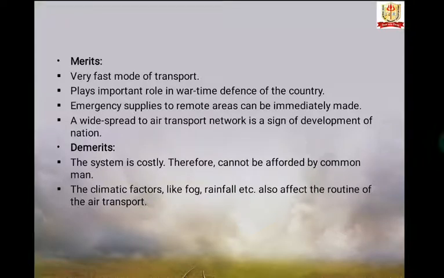Emergency supplies to remote areas can be made immediately. A widespread air transport network is a sign of development of a nation. Demerits: the system is very costly, therefore cannot be afforded by the common man. Climate factors like fog, rainfall, etc. also affect the routine of air transport.